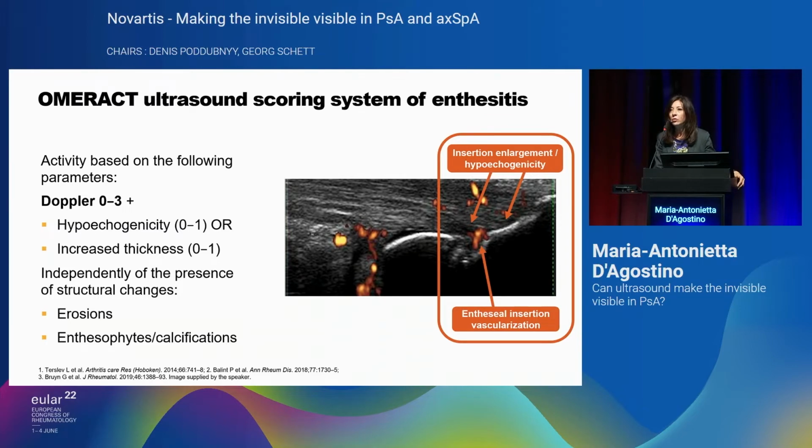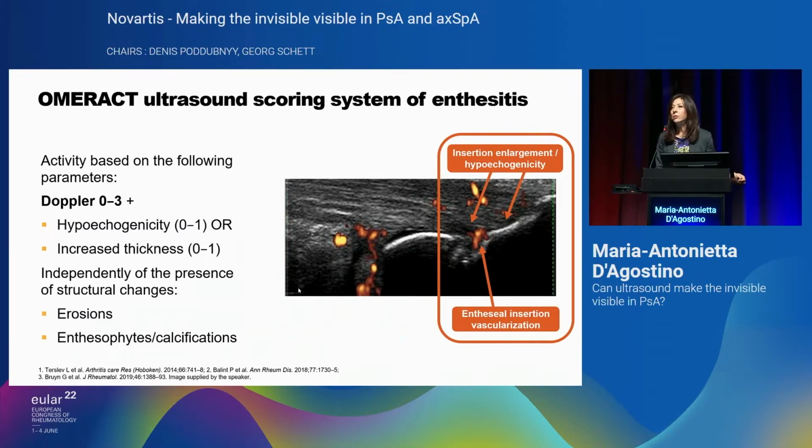We have also tried, and managed, to make visible what enthesitis is. Georg already told us how difficult it is to visualize the pain in joints that are not swollen, and we always believe from clinical practice that it is an enthesitis.